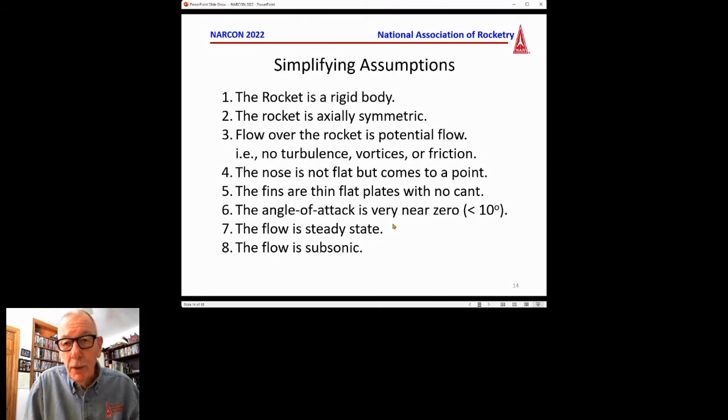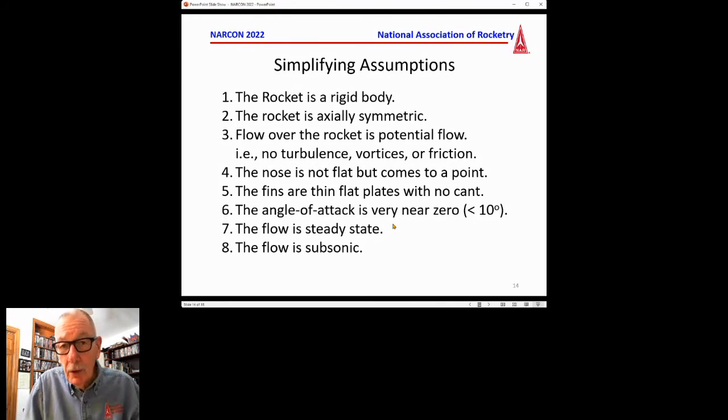The thin flat plate is a conservative assumption, by the way. If they're not thin, if they're not flat plates, that is, if they have a cross section that's more like a wing, that doesn't hurt anything. They actually are better.